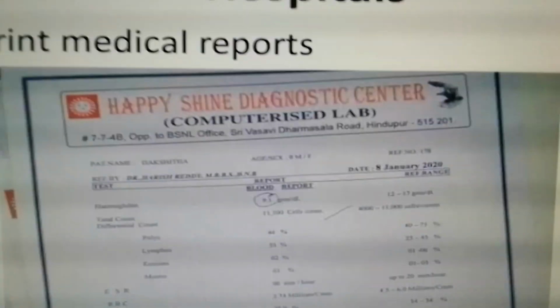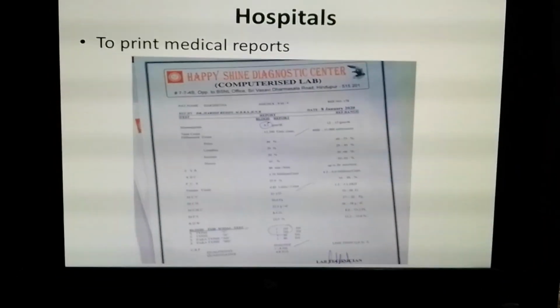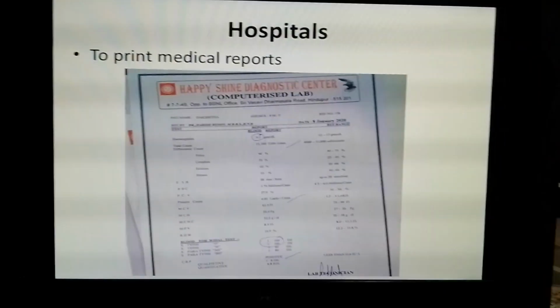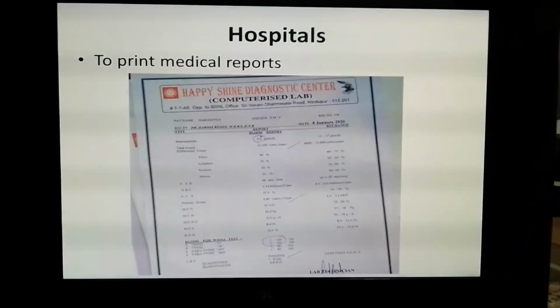So this is one of the patient's blood test reports, the printed blood report of a person. Computers help in printing the medical reports. This is how computers are used in hospitals.